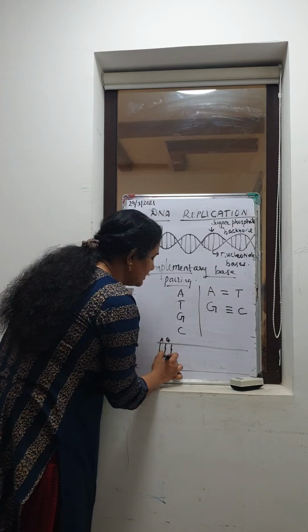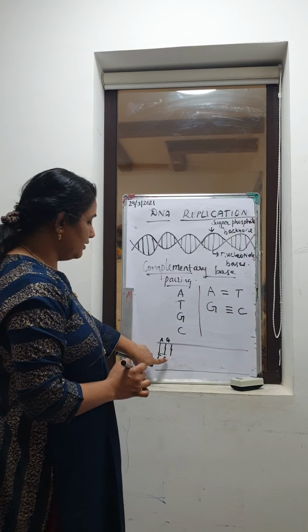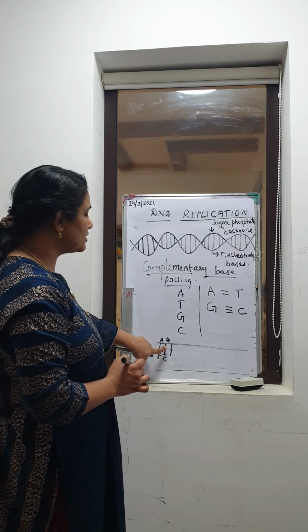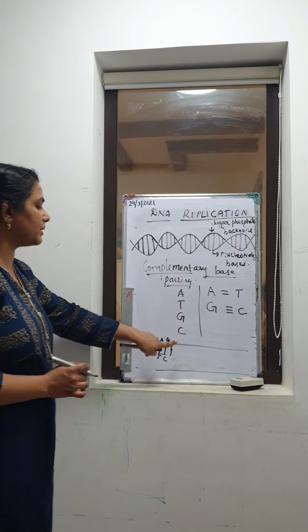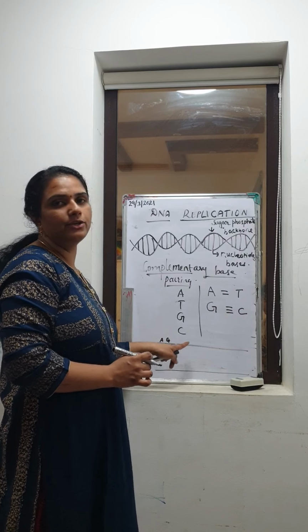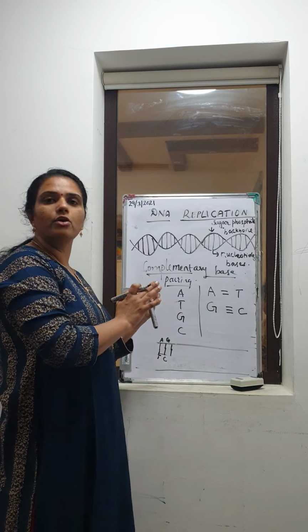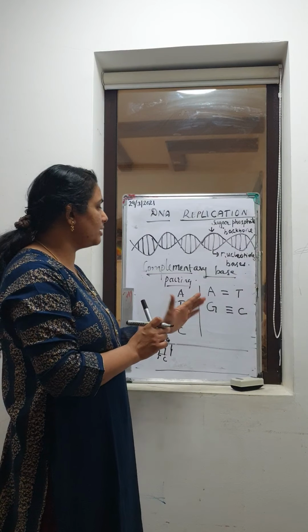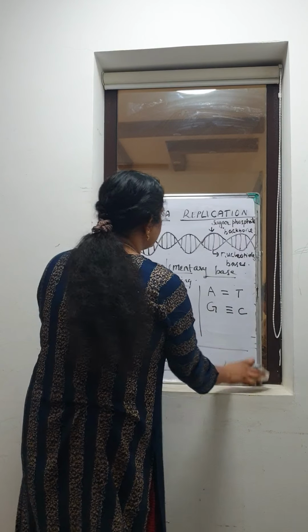If guanine is present here, cytosine will be added here. Like this, in the new strand, the base complementary to the nucleotide base present on the template will be added, and the new DNA molecule is formed. So this is about complementary base pairing, which we have to keep in mind, where the pair will not be mismatched.